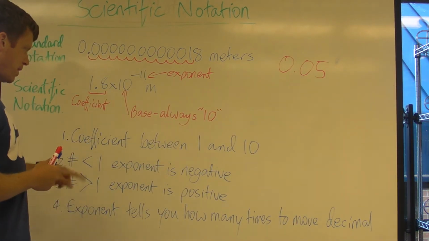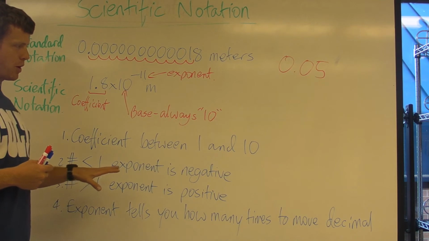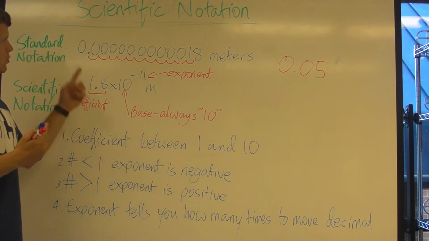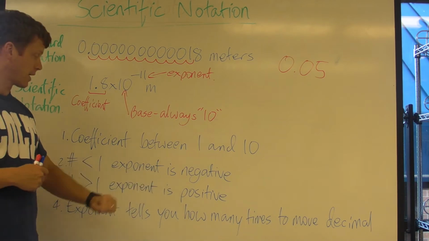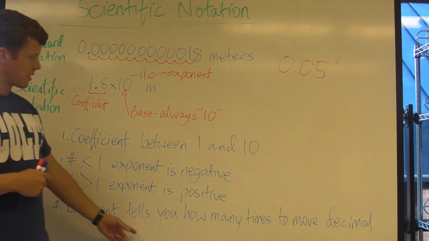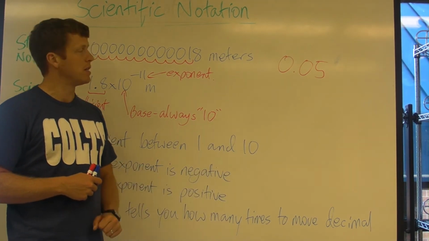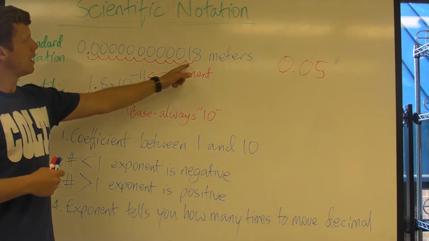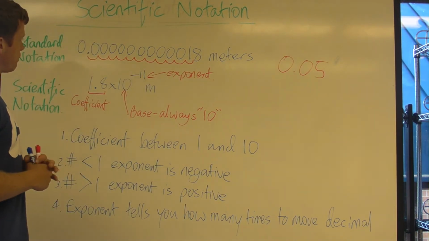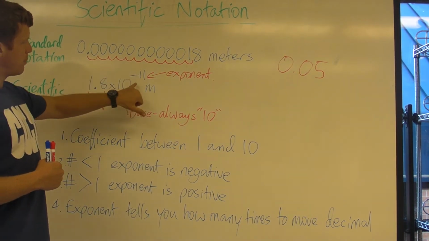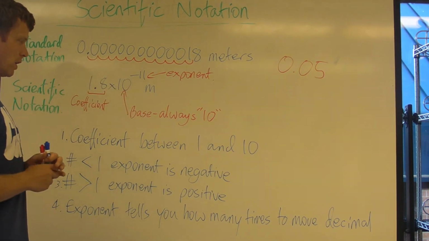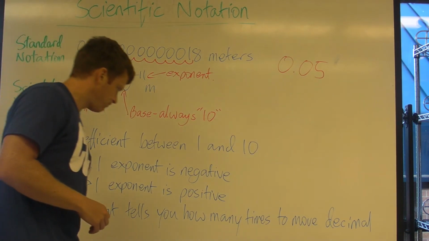So if you have a bigger number, so it starts with a number, not just 0 in this case, your exponent will be positive, and I'll show you an example of that in a second. The exponent, like I said, tells you how many times you need to move the decimal, and in this case we moved it 11 times. I'll go through a different example, and then we'll try some practice.